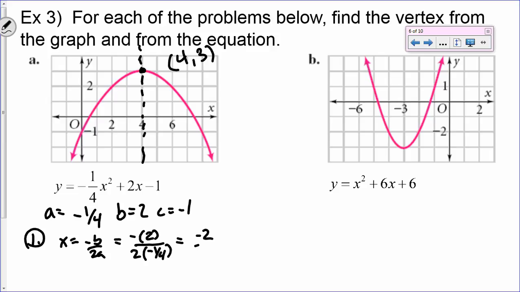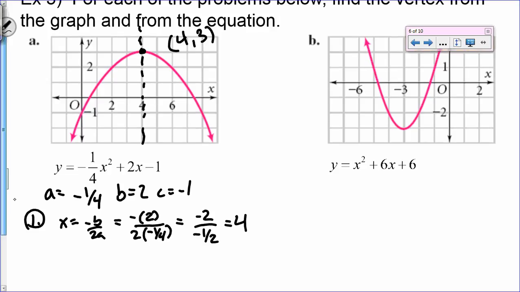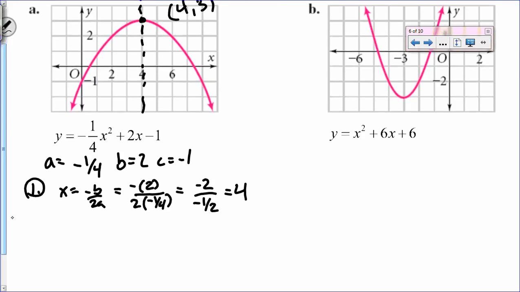So this is negative 2 over negative 1/2, my apologies, which negative over negative gives positive 4. So x equals 4. Wow, that's accurate. That's what we were looking for. We kind of expected that.